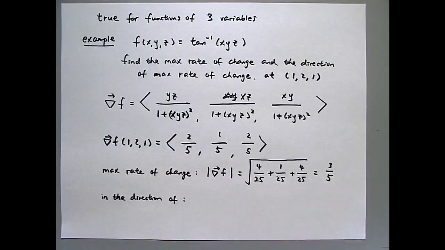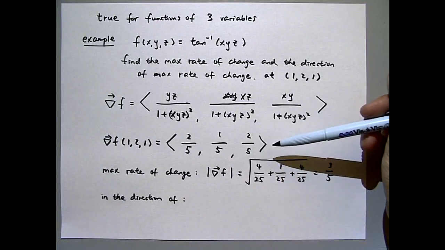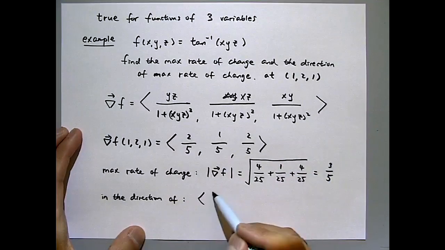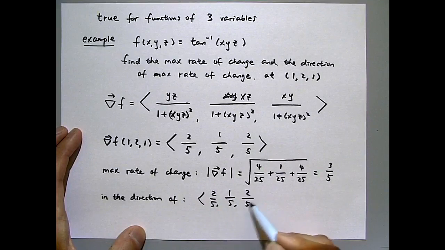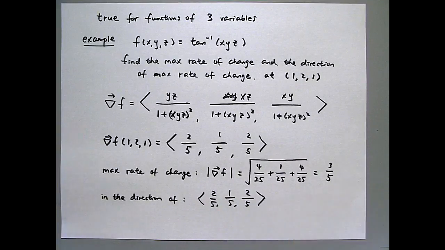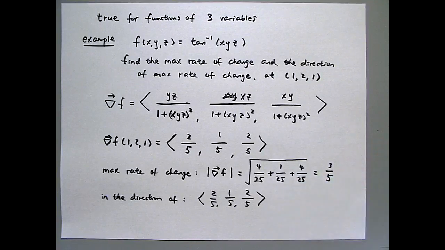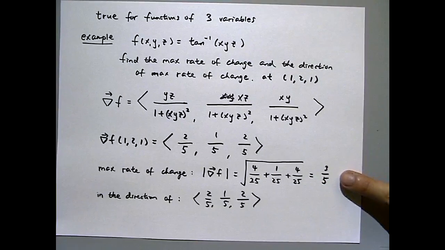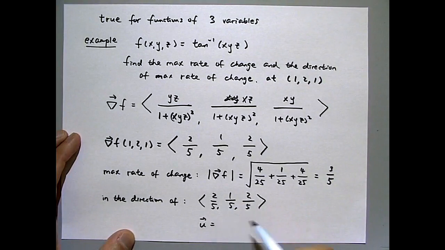And this will happen in the direction given by the gradient vector. So it happens in this direction. Is this a unit vector? No. How do I make a unit vector? Divide by the magnitude, right? So, yeah, it's a good idea to give your direction in a unit vector. So let's do that.